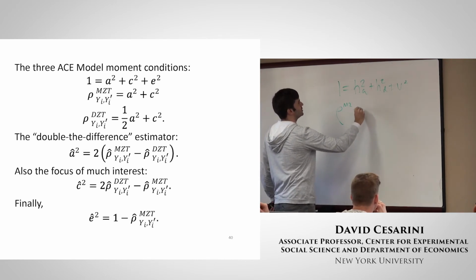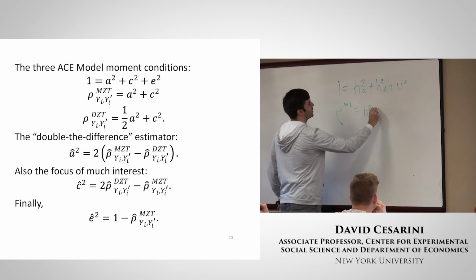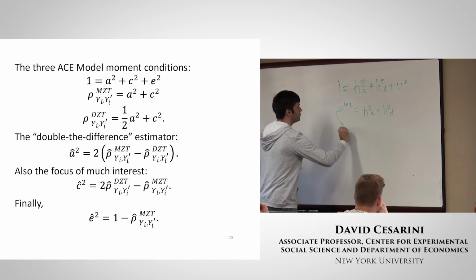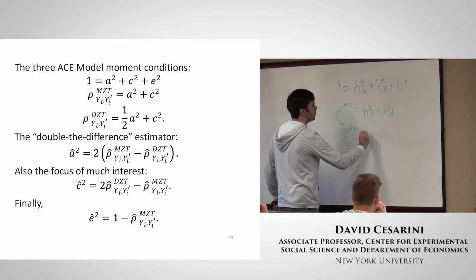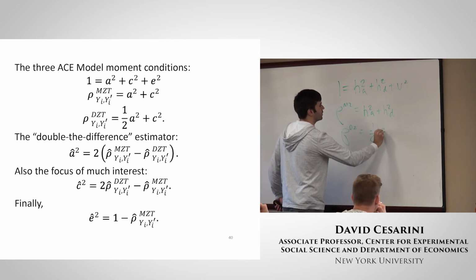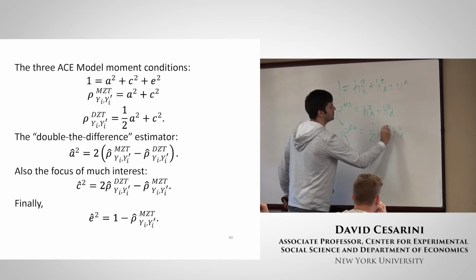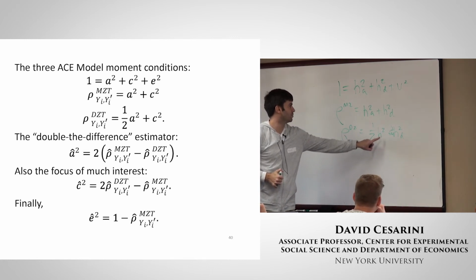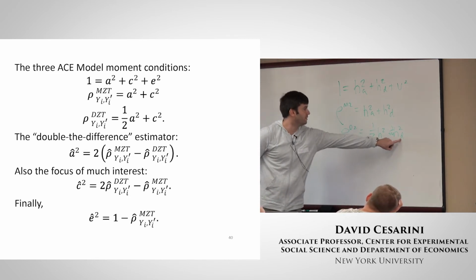Rho MZ is going to be h squared A plus h squared D plus nothing. And rho DZ is going to be 1/2 h squared A plus h squared D multiplied by a quarter. You derive these parameters in the problem set. That's supposed to be a D.